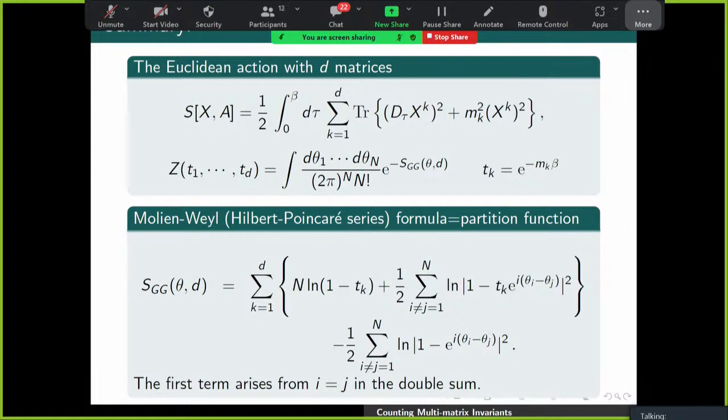And the Molien-Weyl effective action has this expression S_GG. The first term is arising from the double sum when i is equal to j. I've pulled it out. It's independent of theta.